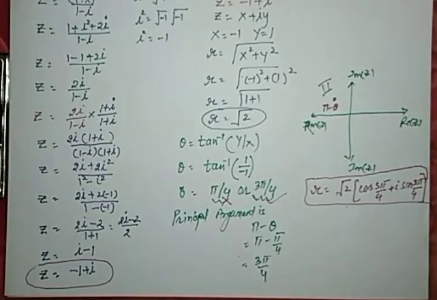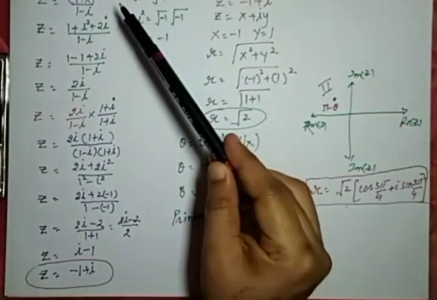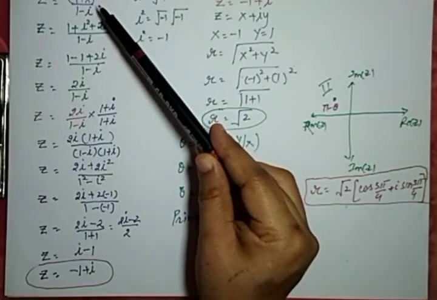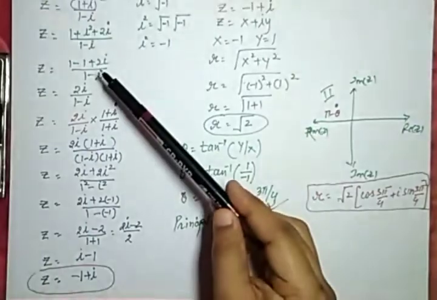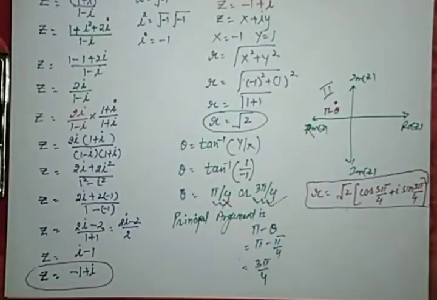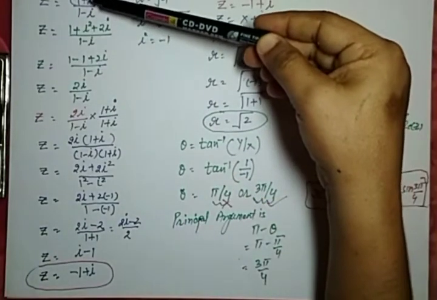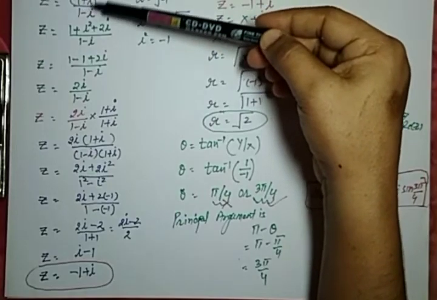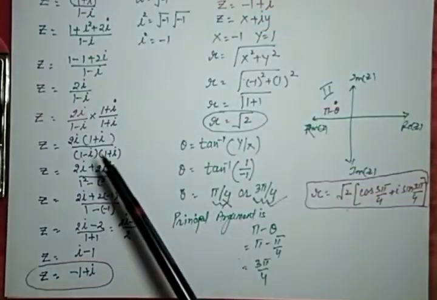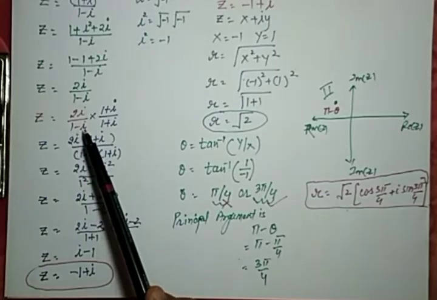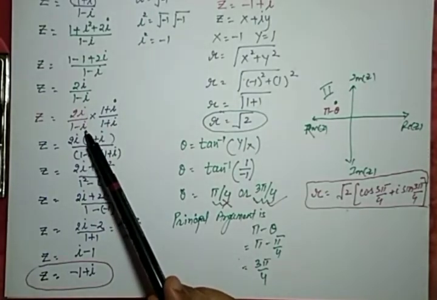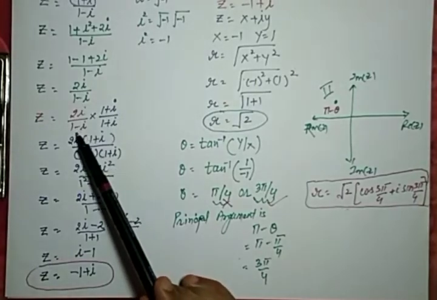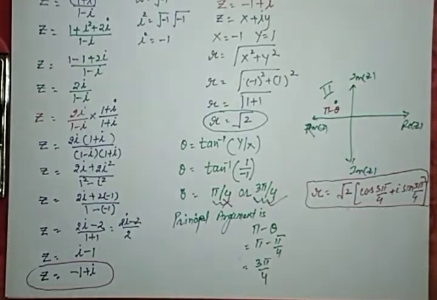So in this particular question, not only have you learned how to convert a complex number into its polar form, but you have also learned that if the given complex number is not in its standard form, how to convert it into standard form. If it is given in division form, numerator upon denominator, then always go for rationalization. How to rationalize? You have to multiply the numerator and denominator by the complex conjugate of the denominator.